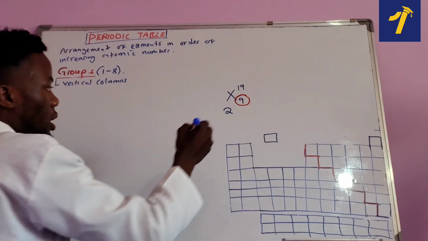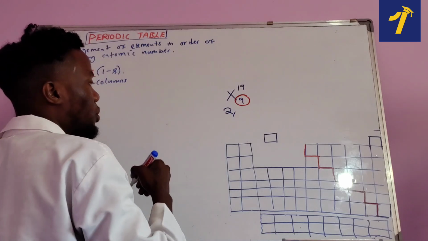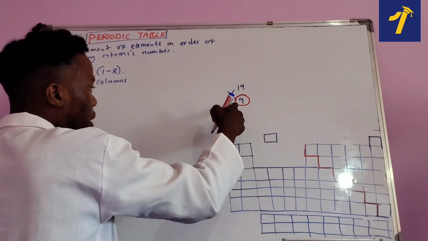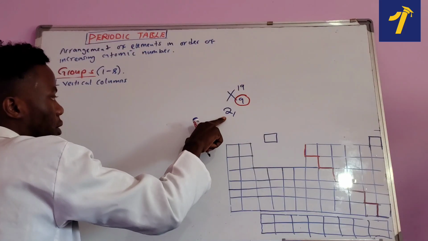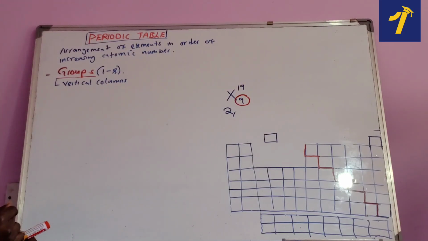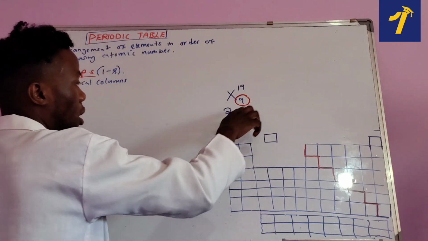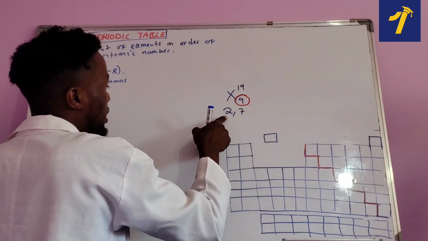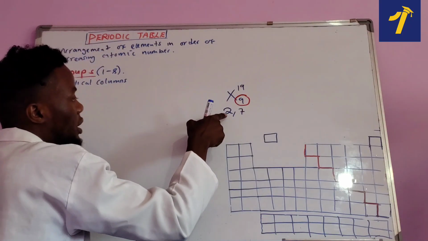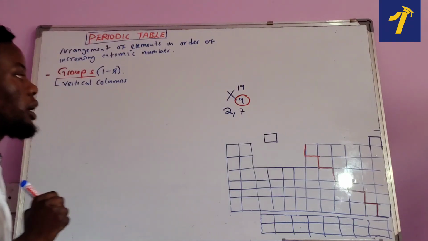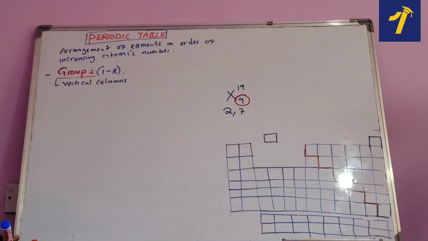Then in the second shell, we're going to put what? Since I've removed 2 electrons from 9, how many am I going to have? I'm going to have 7, because 2 plus 7 gives us 9.